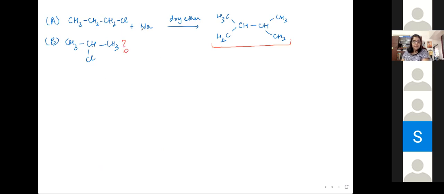The reagent I'm taking is sodium and dry ether. B. Okay. Wait, what do we need to do for the B? No, I'm asking the question, what is the raw material, A or B? These are the options. What should I take out of these two?